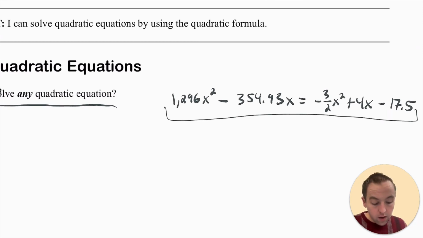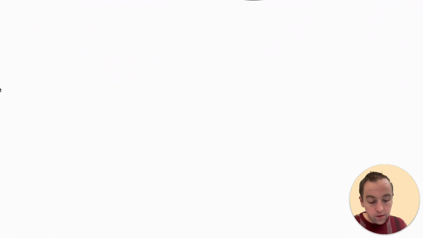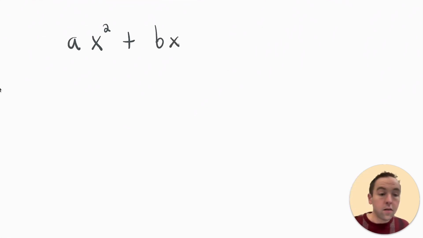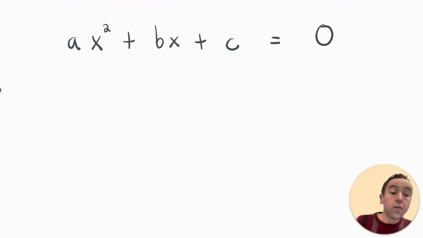So no matter what those numbers are, we could always get a quadratic expression: a highest x squared term multiplied by some number that I'll call a, then your x term, some number b times the x term, and then some other number that I'll call c. And then you'd have your 0 on the other side. So we could always get a quadratic equation in this form if you got everything on one side. This applies for all quadratics.